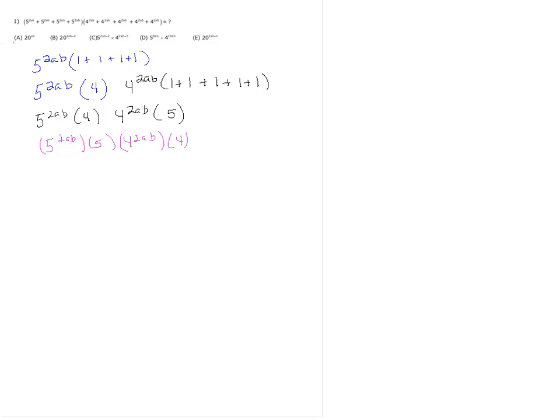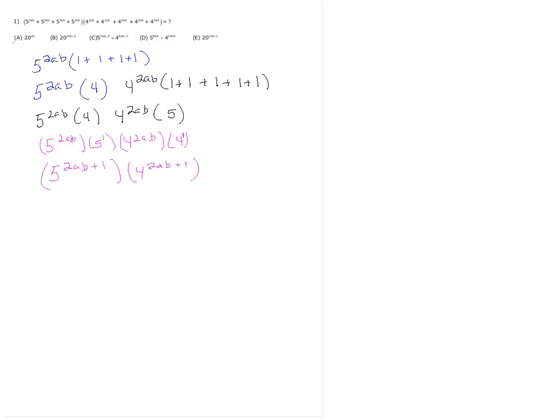And why did I do that? By doing that, we can apply one of the rules that Jeff taught you, which is when you multiply bases that are the same, you keep the base and you add the exponents. You may even want to write the 1s there to remind yourself. So on the left, this becomes 5 to the 2ab plus 1, and on the right, this is 4 to the 2ab plus 1.